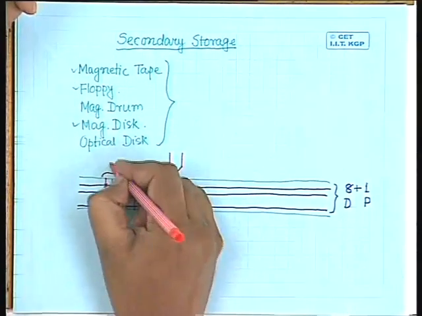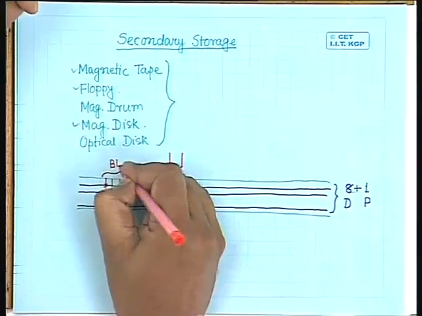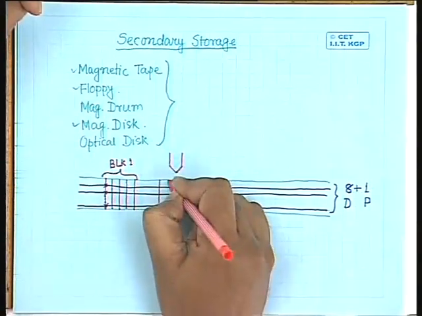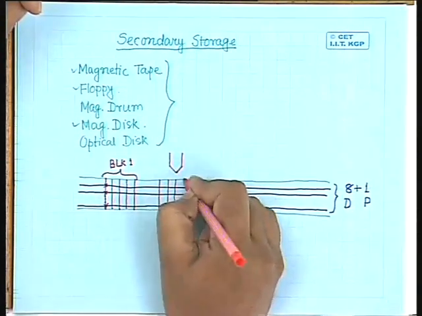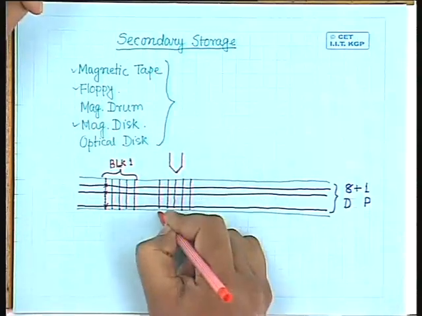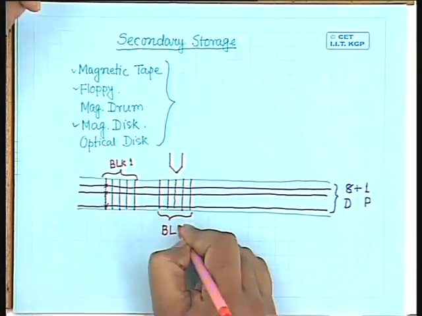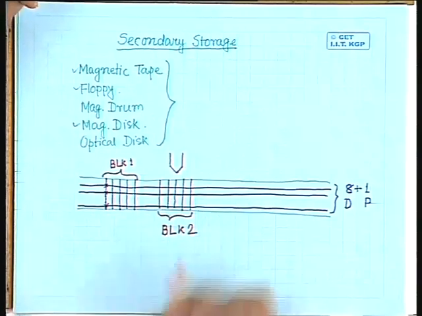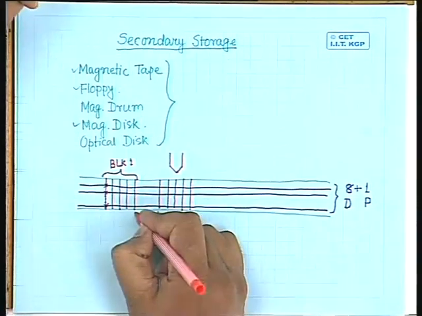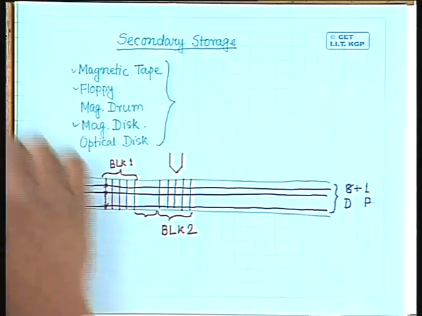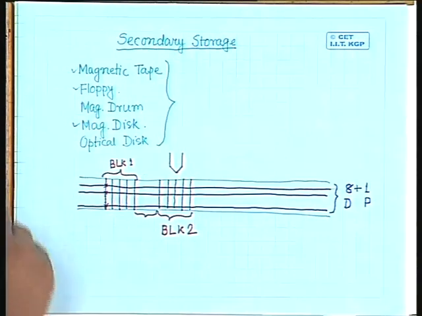Suppose this is block number 1. Similarly, we have another set of records that form, say, block number 2. In between two blocks, we have to have an empty space which is known as the inter-record gap, or IRG.